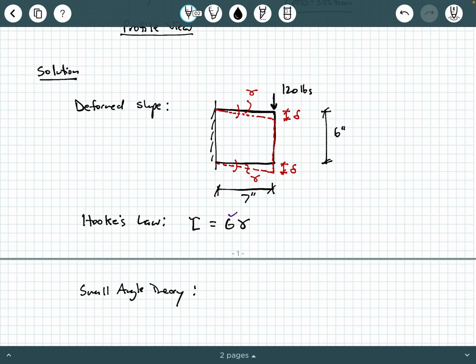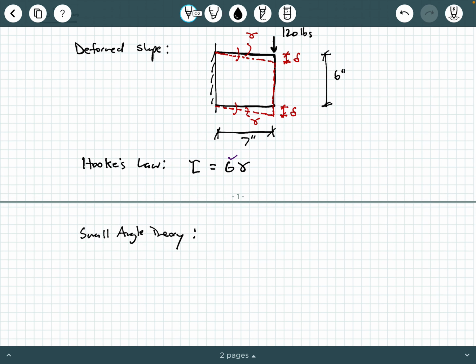Well, small angle theory basically says that the angle that you're interested in is approximately equal to the tangent of that same angle, which is equal to, what's the definition of tangent of a right triangle? It's opposite over adjacent side, okay?